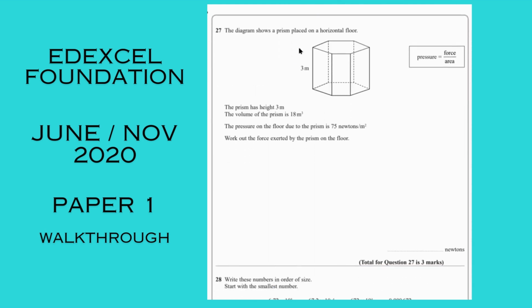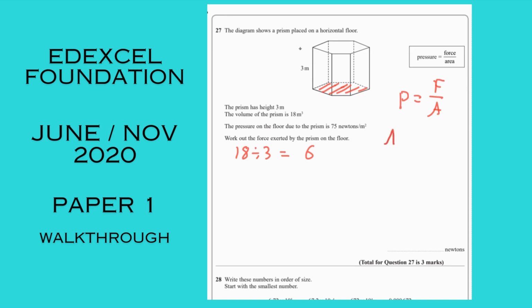So, one thing to look up on your formula sheet, a reminder, it's a prism. To get the area of the base, the face, or whatever you want to call it, you need to do volume divided by height, means the area of the base is 6. Then we've got this equation up here, pressure equals force divided by area.